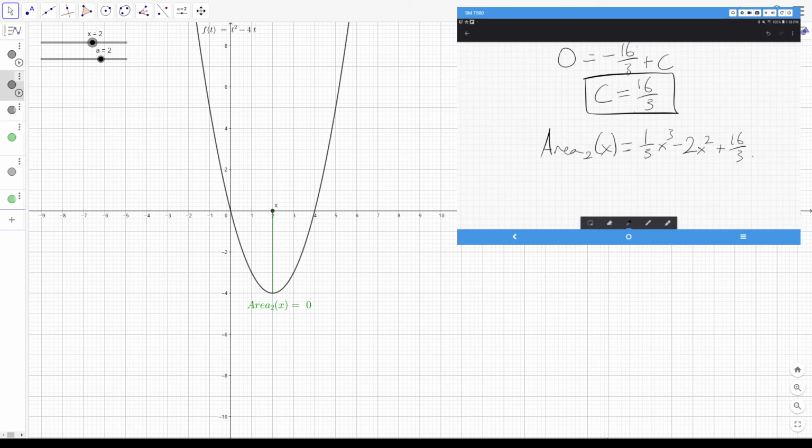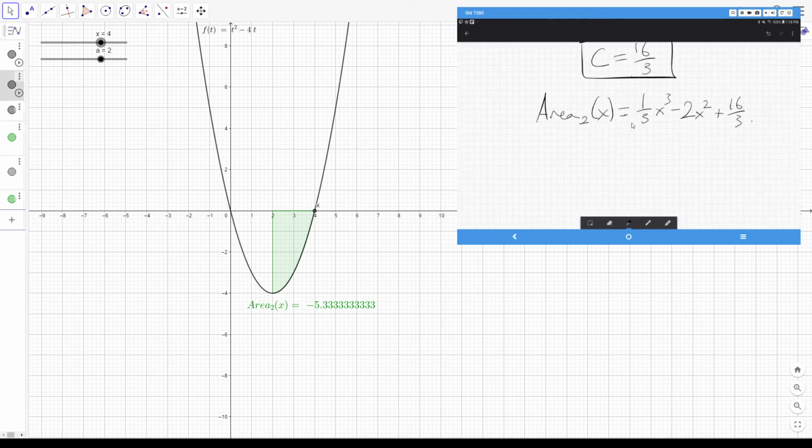Let's return to the original question, which is I want to know what is the area under the curve between a equals 2 and a equals 4, which my computer claims is negative 5 1/3. Can we verify that? All right, and so this function that we've written down is the area, the signed area between the curve and the horizontal axis between 2 and x.